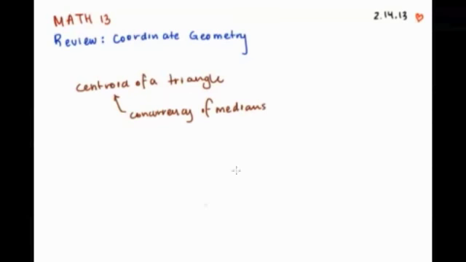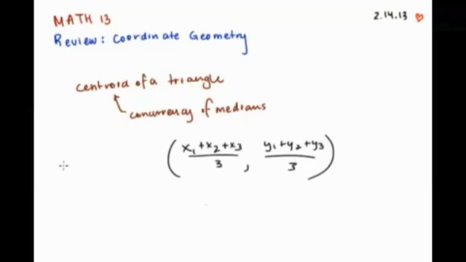The centroid of a triangle reads x1 plus x2 plus x3 over 3, comma, y1 plus y2 plus y3 over 3, where x1, y1, x2, y2, and x3, y3 are all vertices of the triangle.